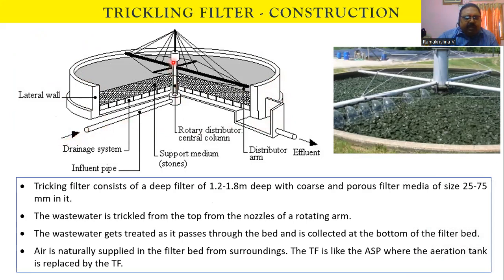At the top there is a distributary central column. It rises through the central column, and then the rotatory arm is there. This is the filter bed, as you can see in the picture. The filter bed, as said earlier, has filter material with large voids kept here. And the rotatory arm, there are four arms here.